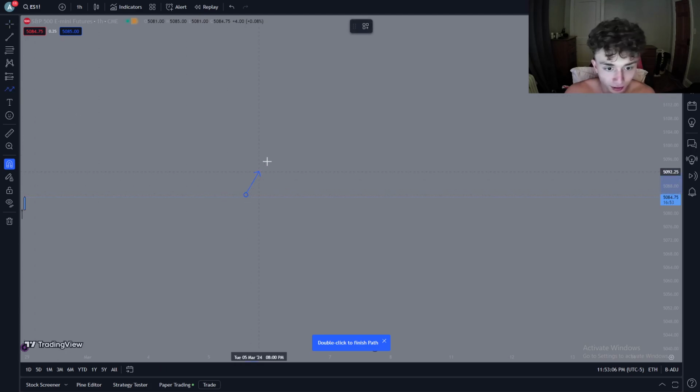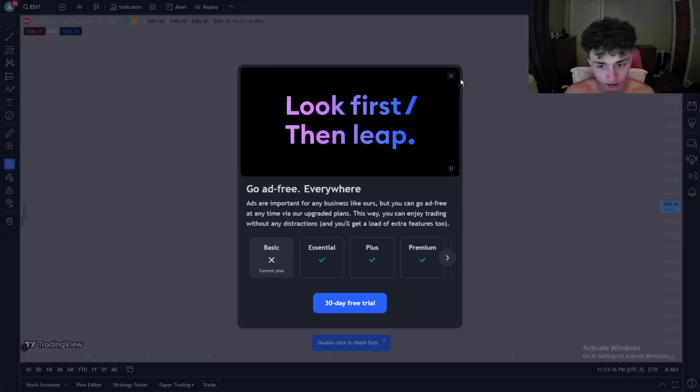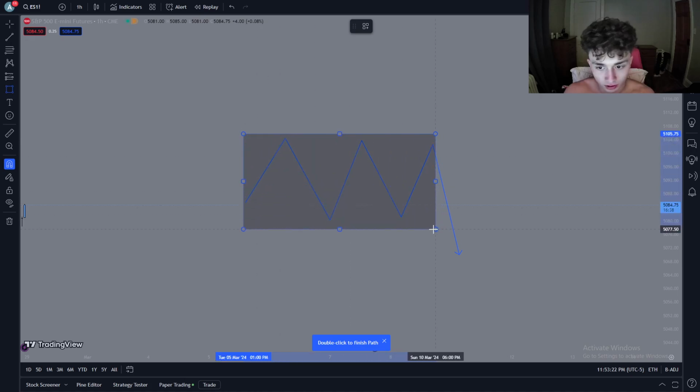if you get a manipulation move down, right? For example, we get this leg down. So it's accumulating, and you can see that here. See this accumulation range here.